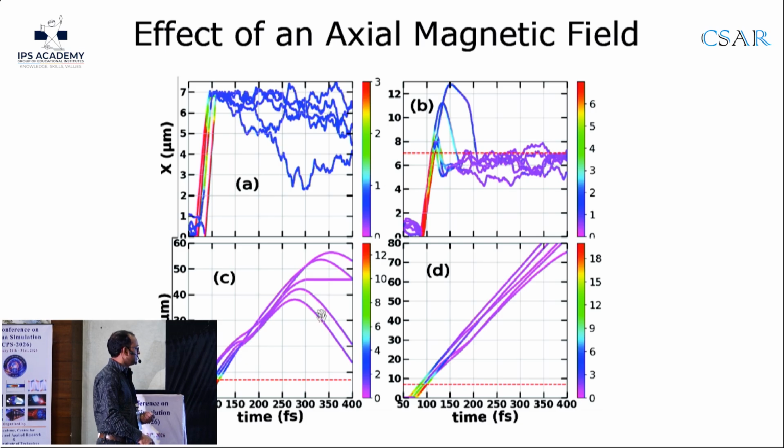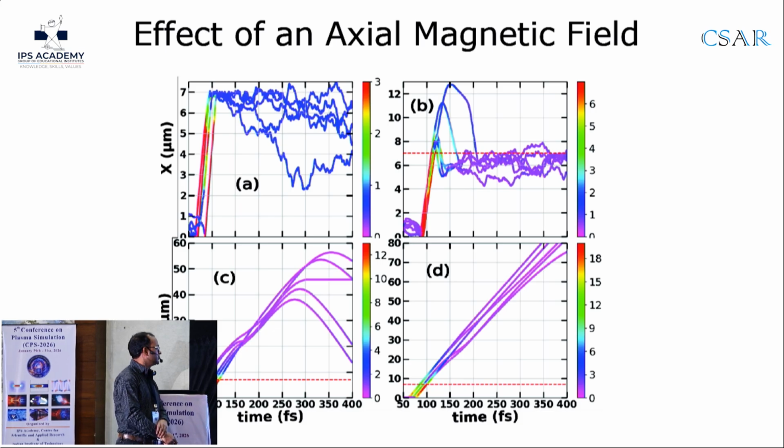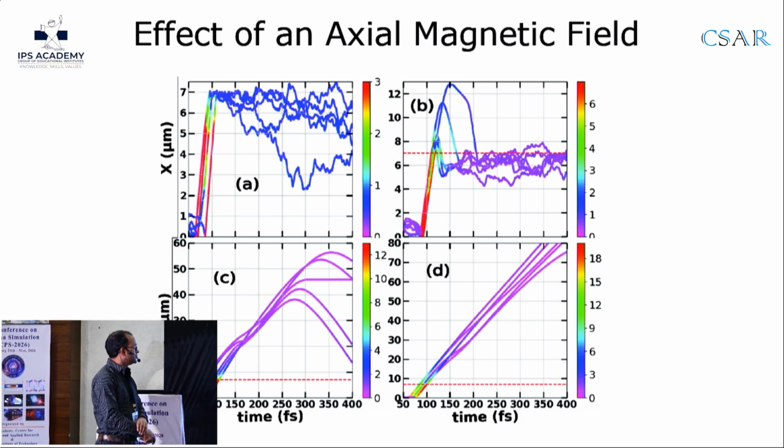The third population is responsible for the sheath field, because they are trapped near the target, not going beyond it, but also not within it. These are the ones responsible for the sheath field generation. And the fourth are the passing electrons, which just leave the sheath field, so they don't contribute to acceleration.